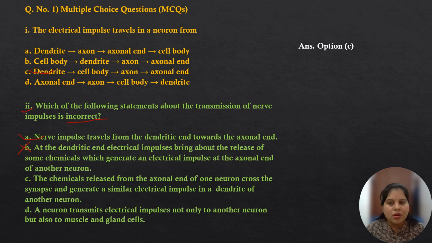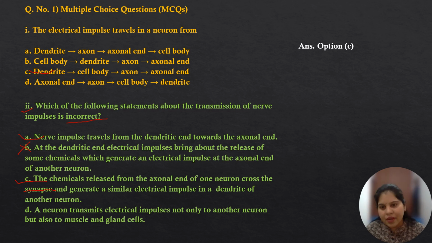Okay, so now next statement is C. The chemical released from axonal end of one neuron crosses the synapse. What is synapse? Synapse is the gap between the two neurons, and it generates a similar electrical impulse in the dendritic end of another neuron. So yes, this is the correct statement.